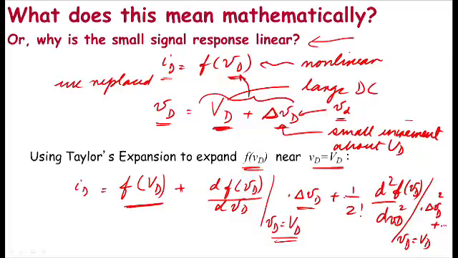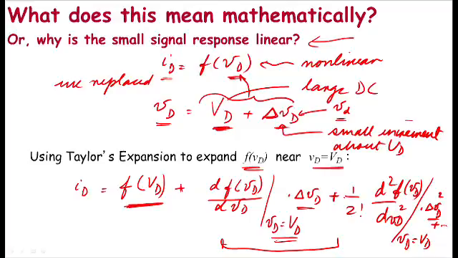So what do I have so far? ID can be expressed as the function evaluated at the fixed point, plus a component related to the derivative of the function at the point Vd equals capital Vd times the incremental change, plus 1 by 2 factorial times the second derivative times the square of the change, and so on and so forth. And those are higher order terms.